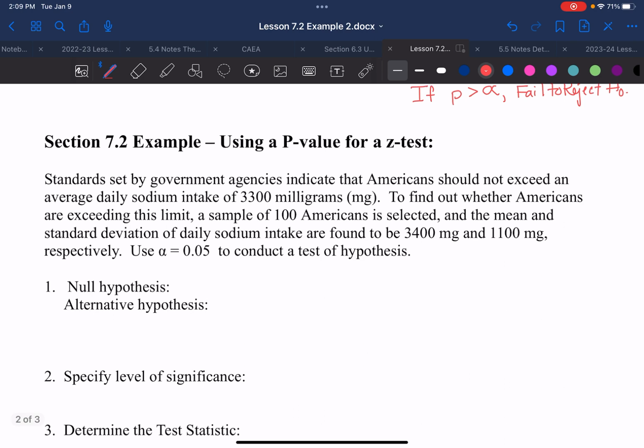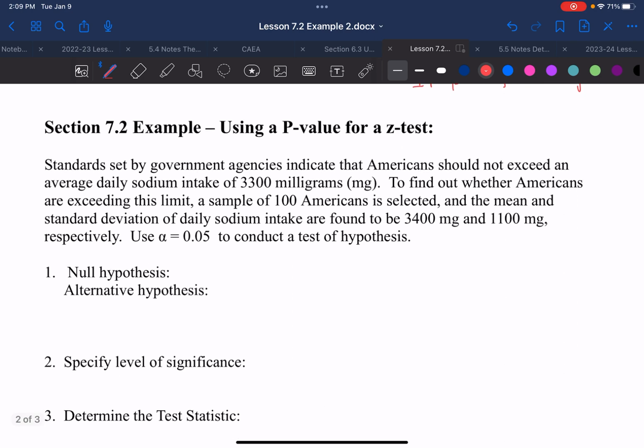So in our first example, we have a large sample of 100 Americans selected, and we're looking to find out whether Americans are exceeding the daily sodium intake of 3,300 milligrams. Exceeding this limit, mathematically, means that we are greater than 3,300.